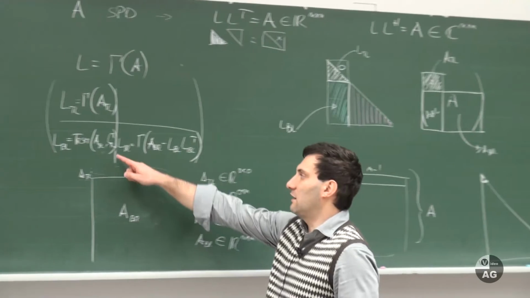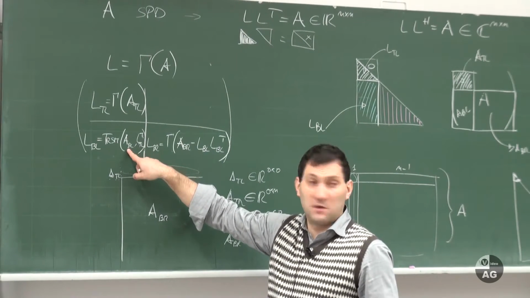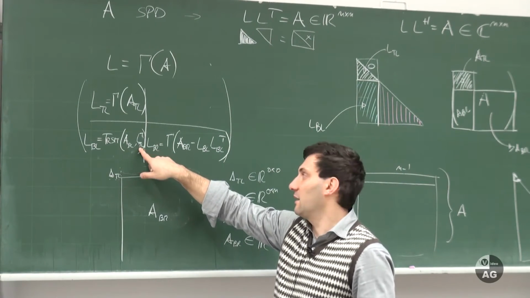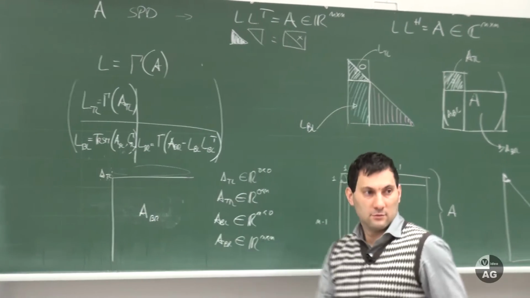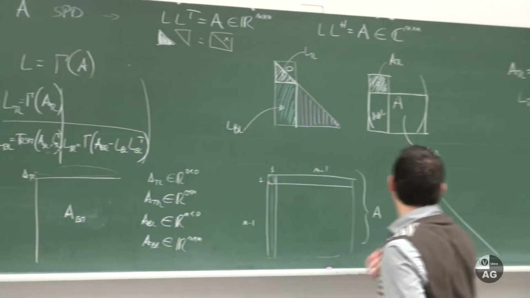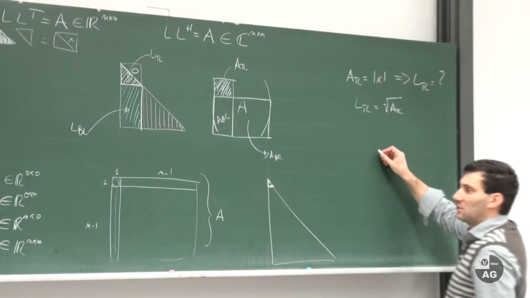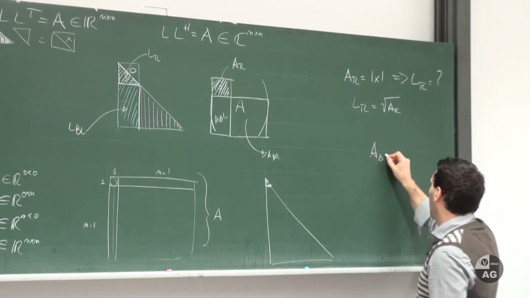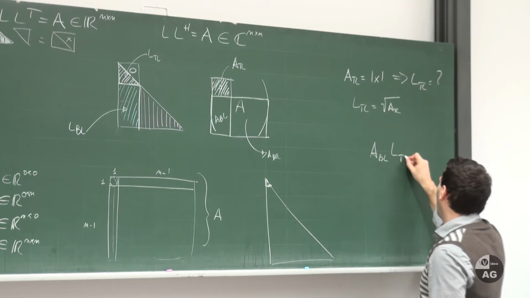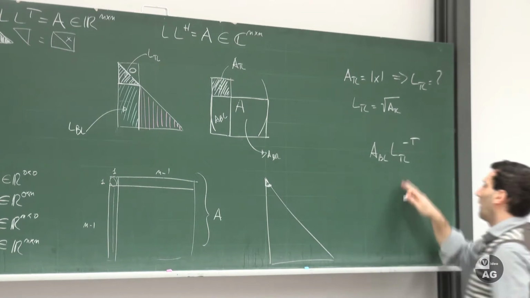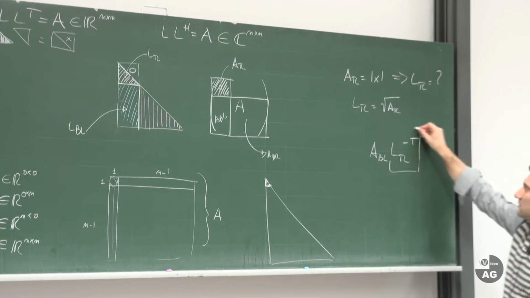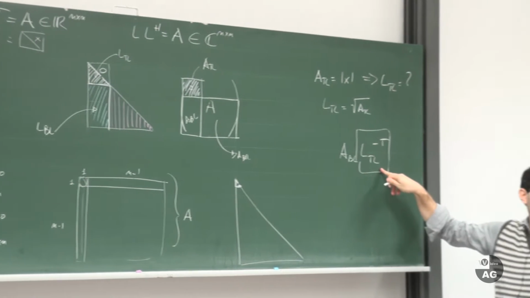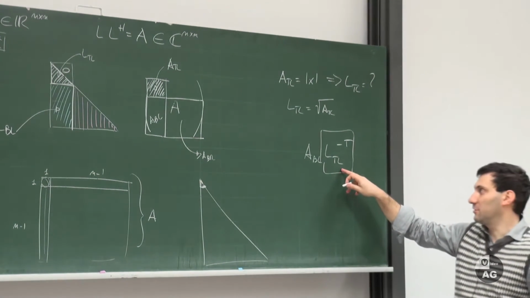What this means is that we take A bottom left and we divide it by L top left. Remember, triangular solve is something like this. So we would invert the matrix, but of course we never invert the matrix.